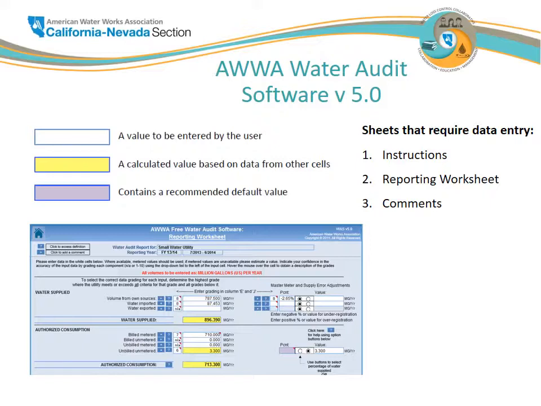So for values and volumes that are a little difficult to determine, things like volumes of theft for your system, or those sneaky data handling errors, you'll have an option. If you don't have good data for your own system, which is often hard to get, you'll have the option of using a default.